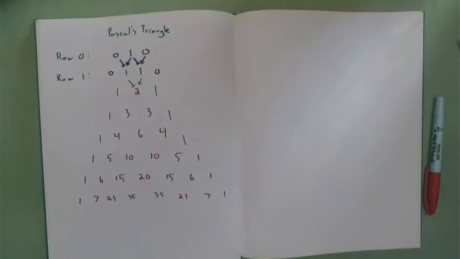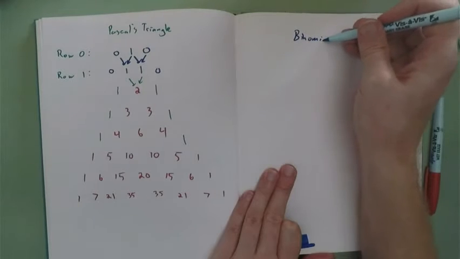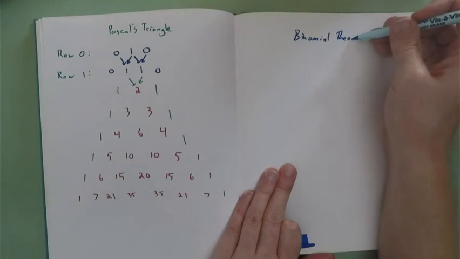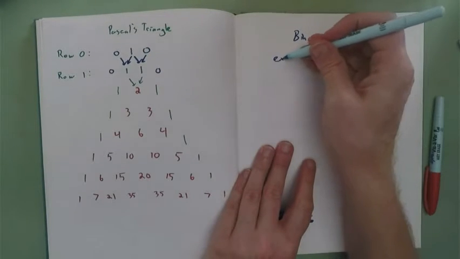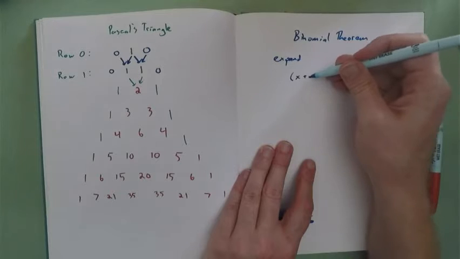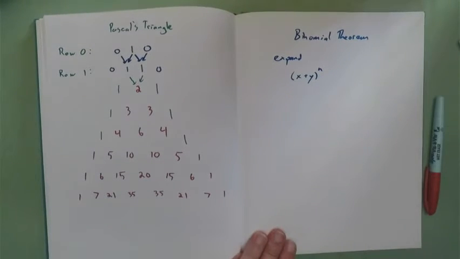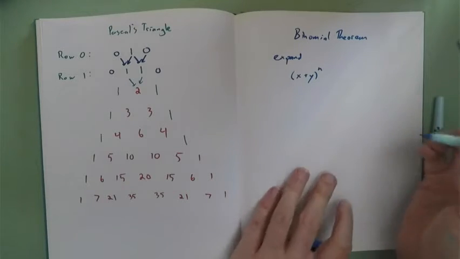Now, how do we use these in binomial theorem? Well, there's the binomial theorem itself, but really what I'm concerned with is expanding terms that look like x plus y to the power of n. So x could be anything, right? It could be some messy thing.